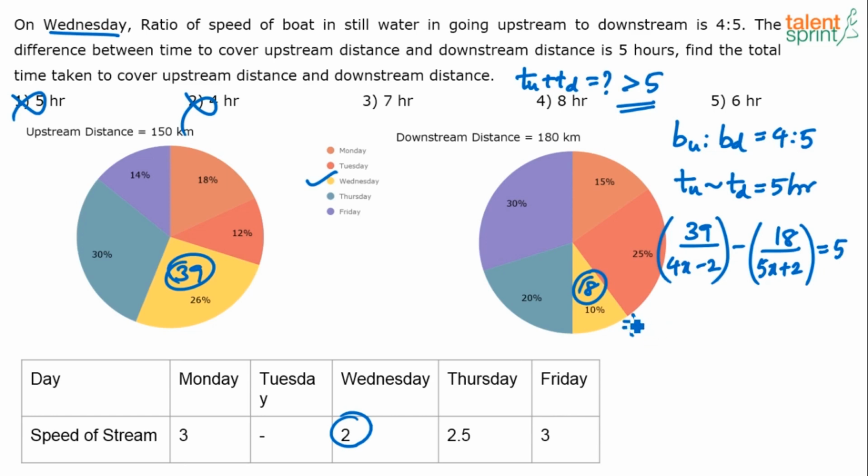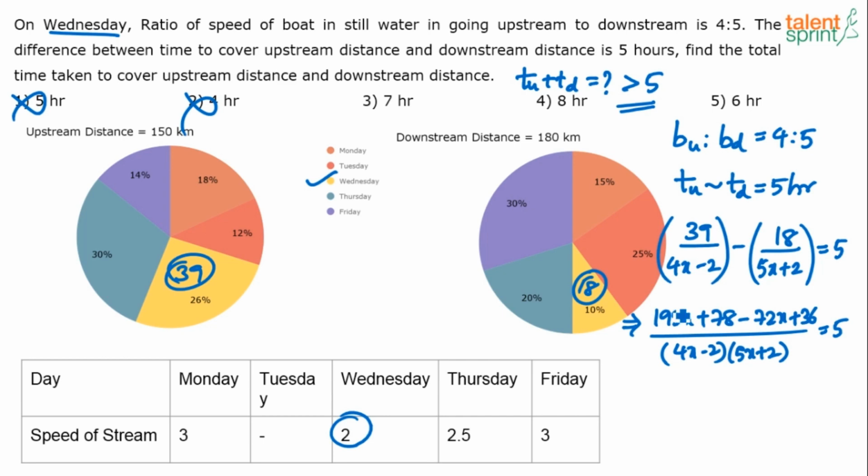So what do we get here? 39 times 5, 195x plus 78 minus 72x plus 36 divided by 4x minus 2 into 5x plus 2 equals 5. 39 fives is 195. 195 plus 78 minus 72x plus 36 equals this.